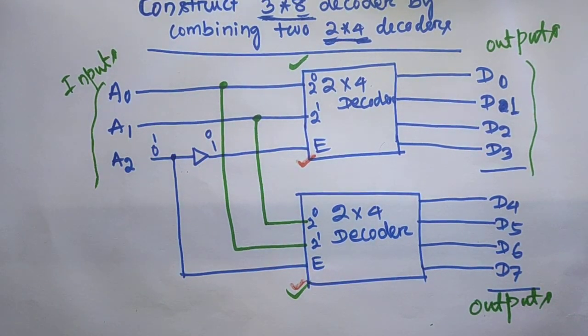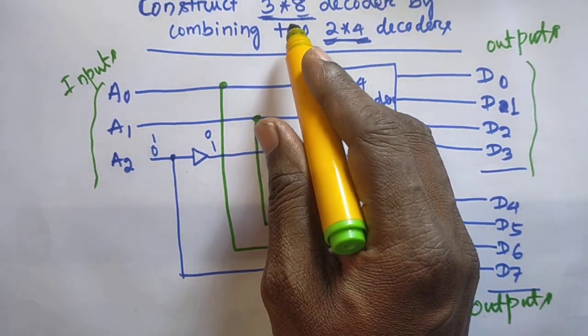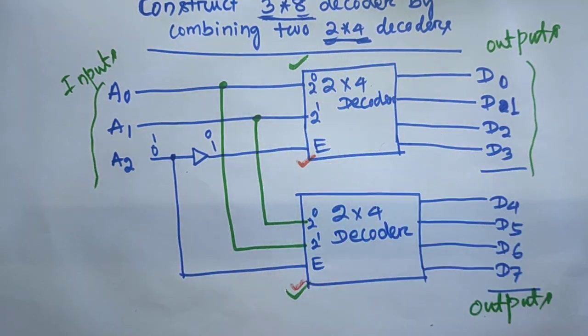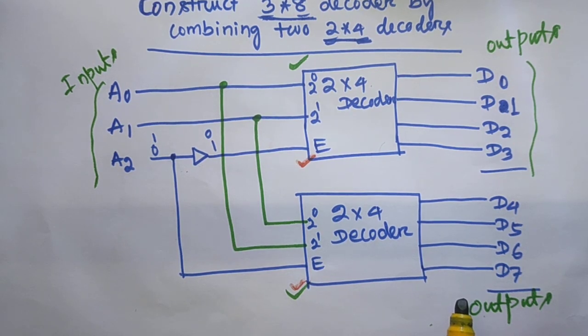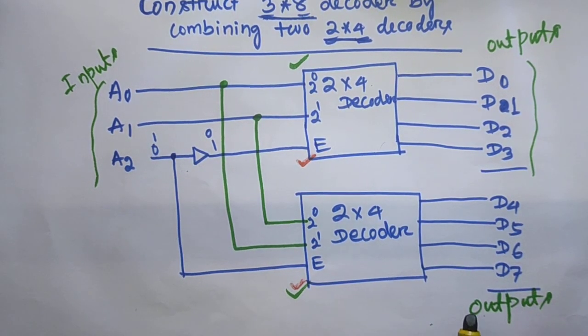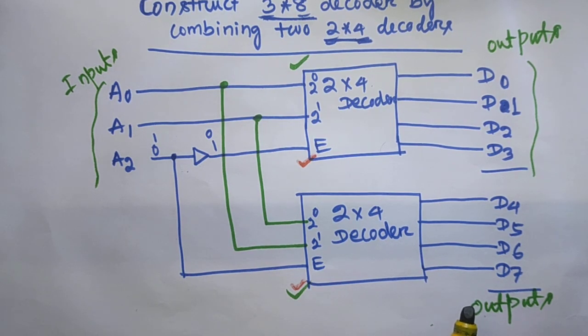So now you see, in a very simple way we have designed the 3 into 8 decoder by combining 2 decoders, and those 2 decoders are designed through 2 to 4 decoders. It is a very simple example. Another real life example we can consider: suppose we have to design 2 dimension. That is a combination of 1 and 1 dimension.